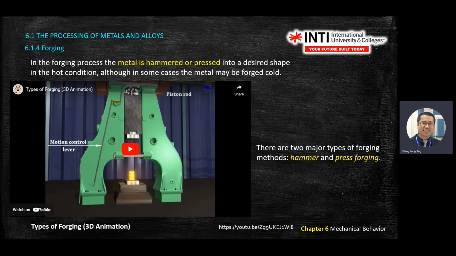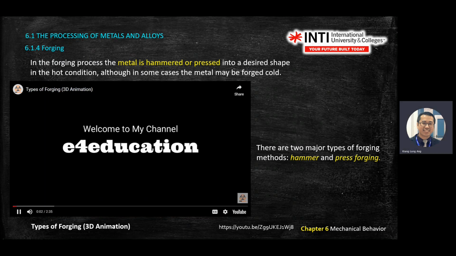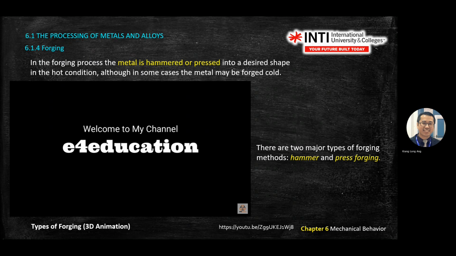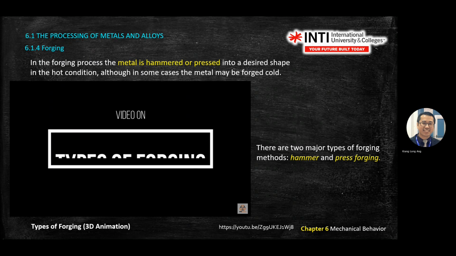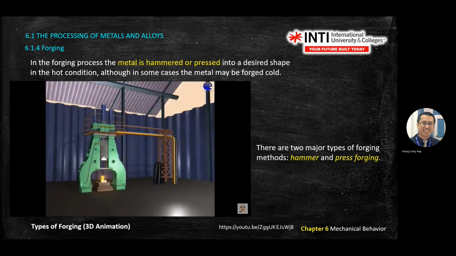Okay. So there are two major methods. Either use a hammer to hit the products, or you use press forging. So let's look at this animation. This is open die.